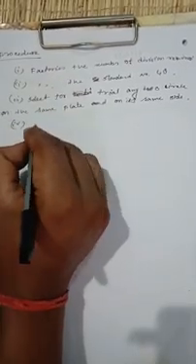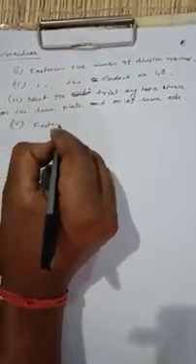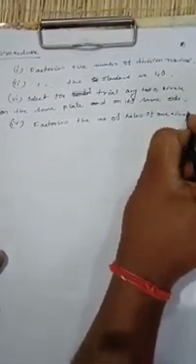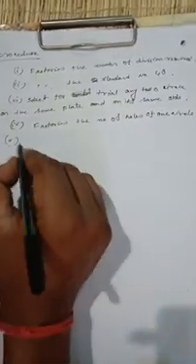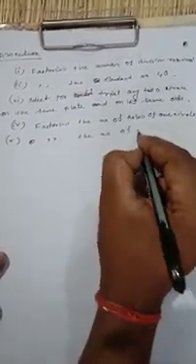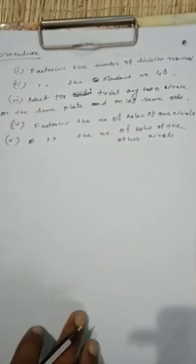Number 4, the number of holes of one circle. And number 5, the number of holes of the other circle.